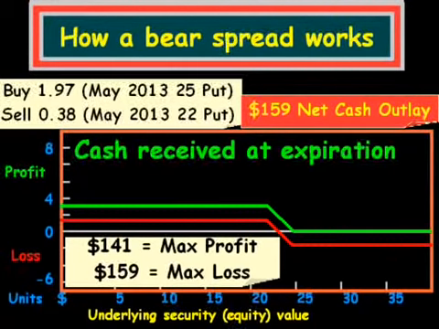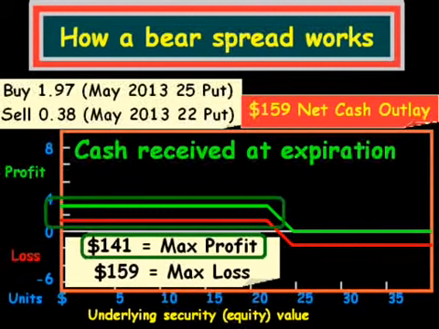Just to give an example, the maximum amount we can profit is $141, and that is if the stock is at 22 or lower in May, because $300 is the maximum cash we can receive, and then we subtract the $159 cash outlay. 300 minus 159 is 141.